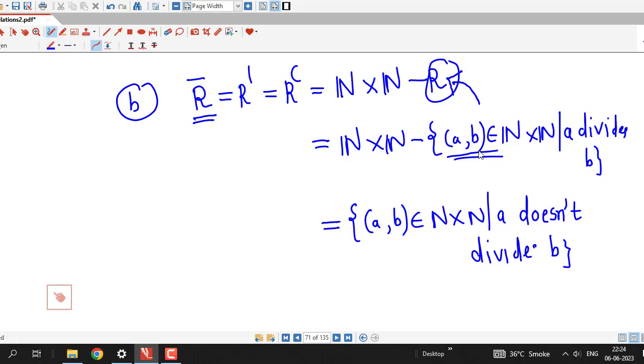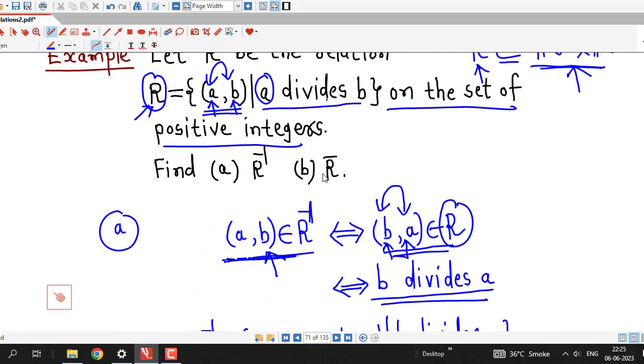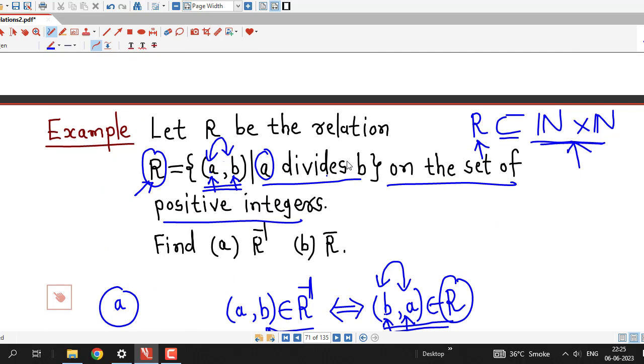Complement of a relation means all those elements which are not present in the given relation R. Now element (A, B) is present in the given relation R if A divides B. That means element (A, B) is not present in R if A does not divide B. So the collection of all those ordered pairs for which the first element does not divide the second element are in the complement of the given relation R. So in this way we can write down the converse and complement of a relation for an infinite set also.